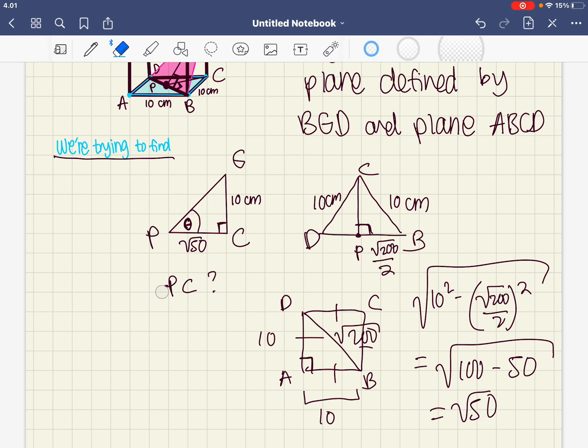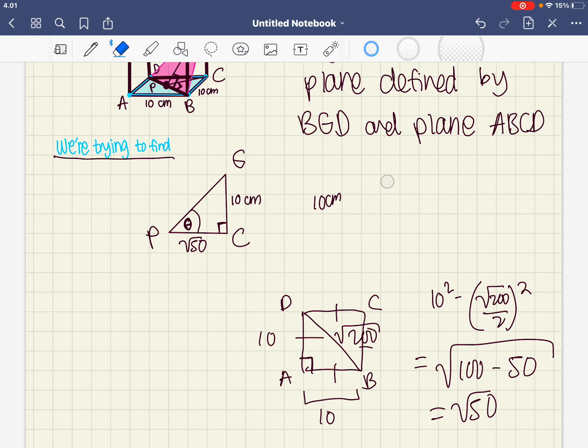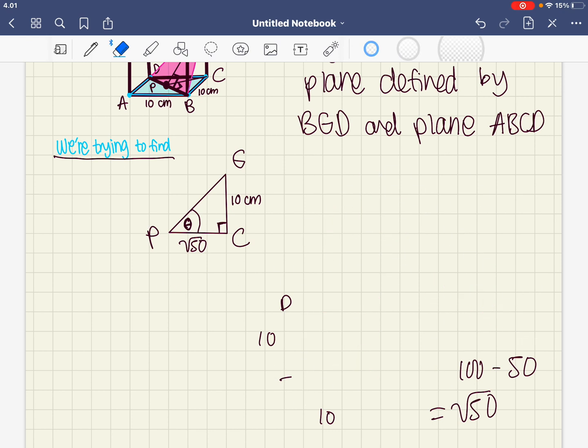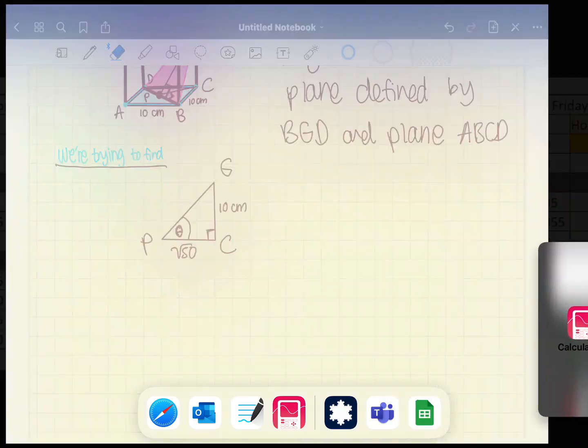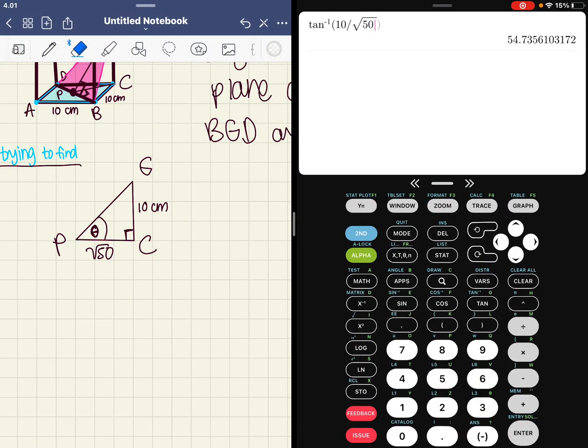So the last thing that we need to do is that we need to find theta. And that's easy, right? Pull up your calculator. So this is what they are saying. So theta, this is opposite and adjacent. That means SOHCAHTOA, we need to use TOA. Tangent theta equals 10 centimeters over square root of 50 centimeters.